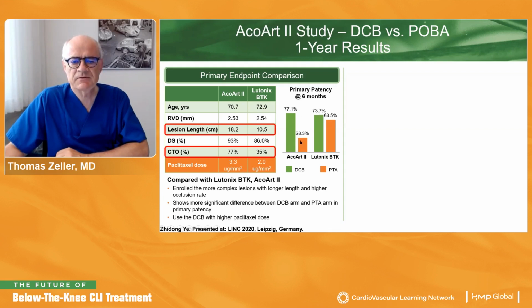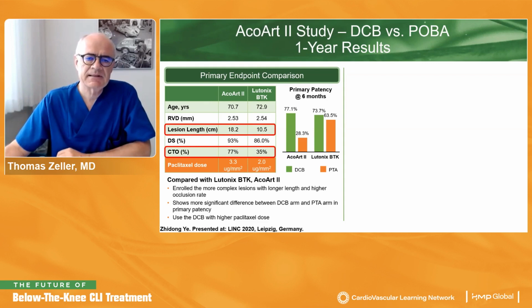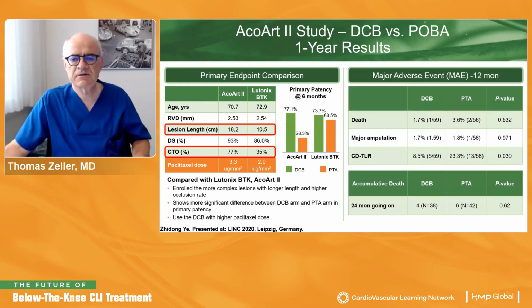The major difference was the outcome of the control cohort, which was lower with regard to primary patency at 6 months in the ACOR2 study as compared to the Lutonix trial. This may be the result of the less challenging lesions that had been enrolled into the Lutonix BTK trial.